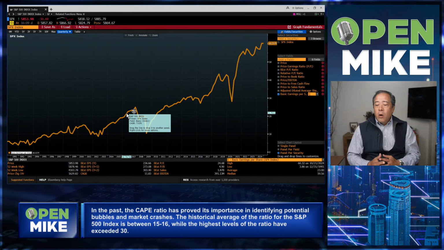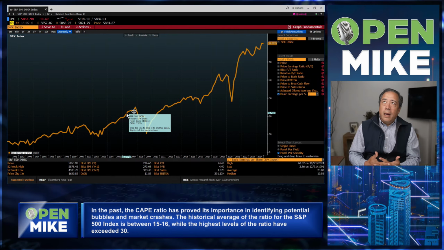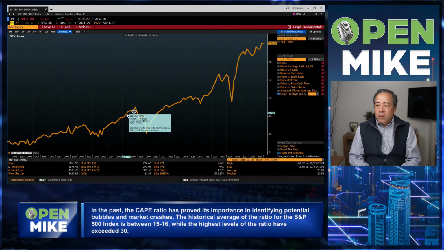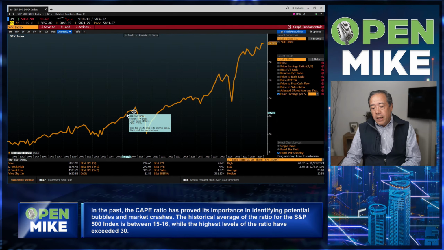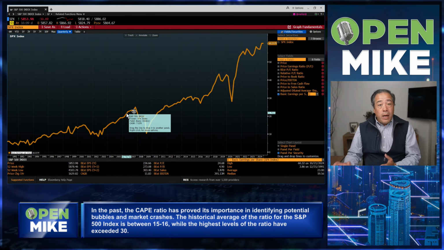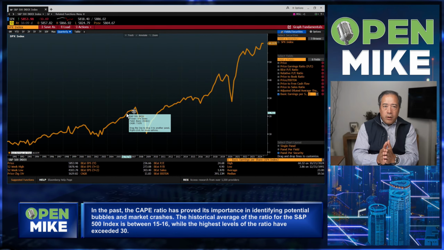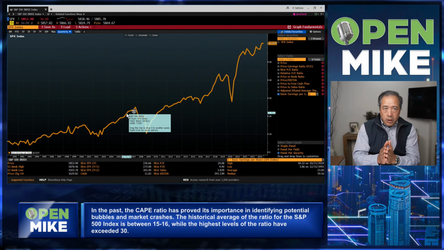So as big as the number is right now, let's just call it 37.5 times for the Shiller CAPE index, bear in mind that that has to incorporate something highly unusual. And we had two highly unusual big drawdowns within the course of the last 20 years.